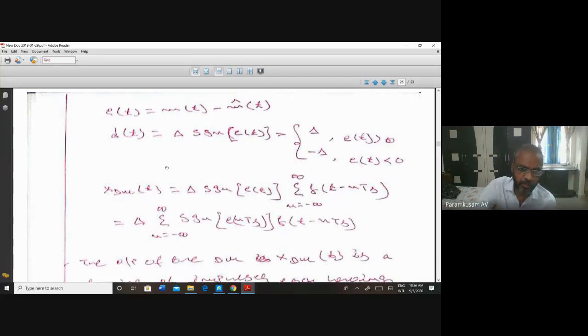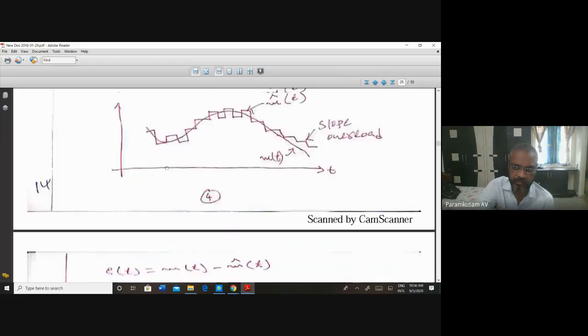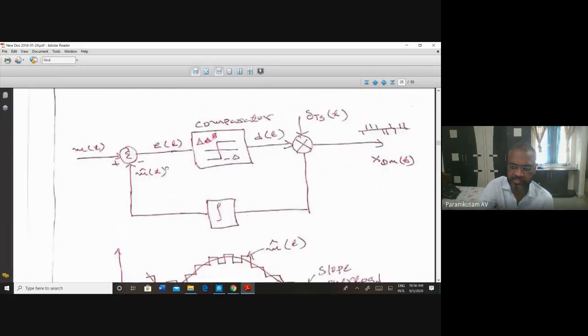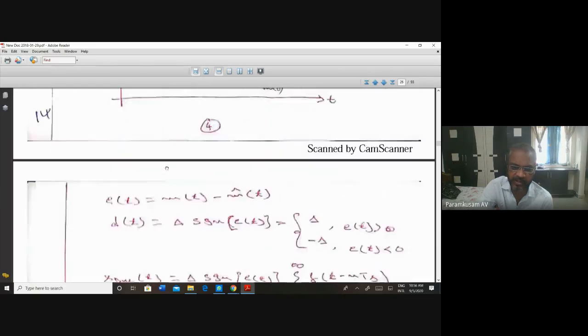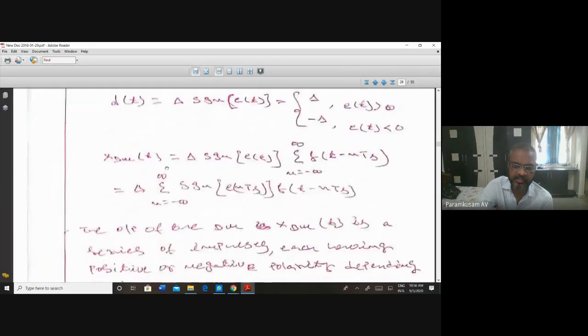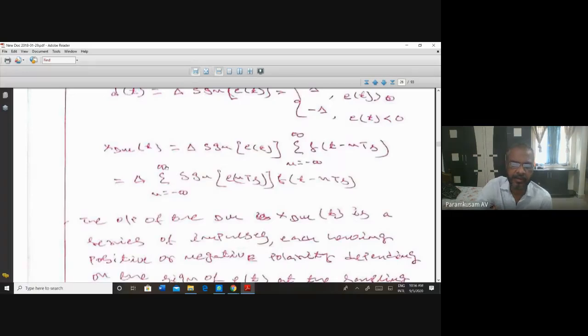Finally, the output of the delta modulator, x dm of t, is nothing but d of t into del ts of t. D of t is del into sgn of e of t.